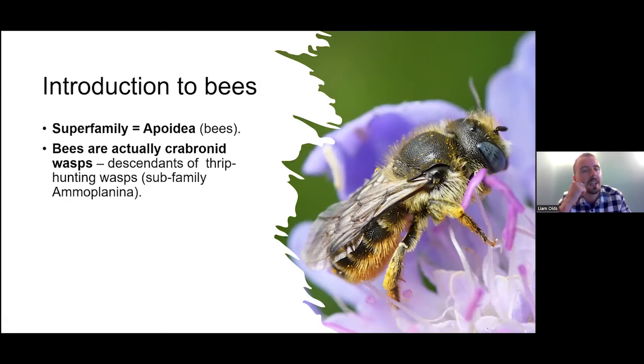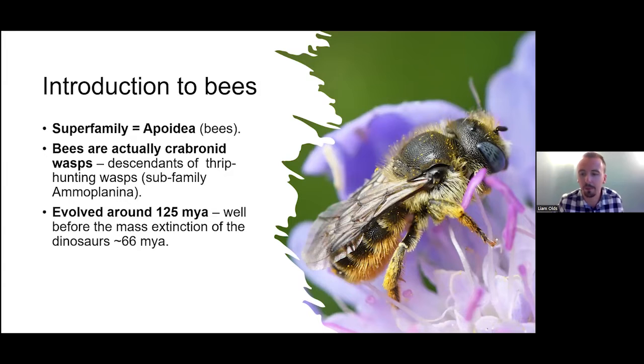If you look closely at yellow asteraceae, like cat's ear, you sometimes see tiny, quite often black, insects in there that are called thrips. And this group of wasps, at some point, decided to stop hunting these thrips and instead start collecting pollen to feed their young, and that gave rise to the bees that we know today. And they've been around a long, long time.